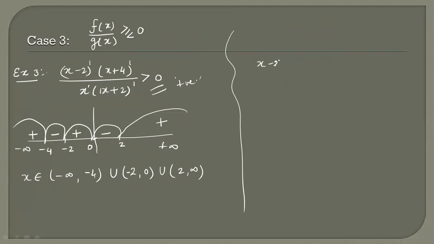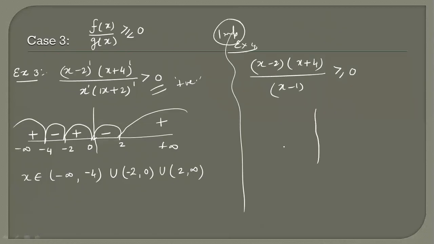Take another example: (x minus 2)(x plus 4) upon (x minus 1) greater than or equal to 0. This is an important question, it will help you understand this case. Now if you see the linear factors, every factor has degree 1 and the coefficient of the variable is positive also.